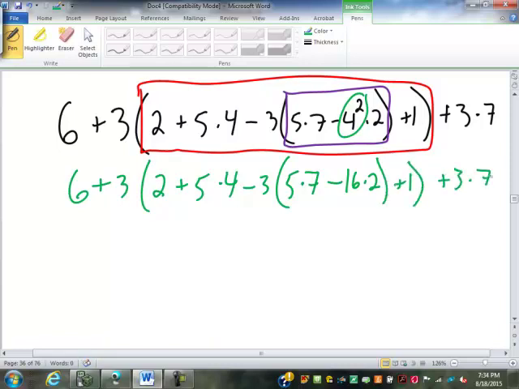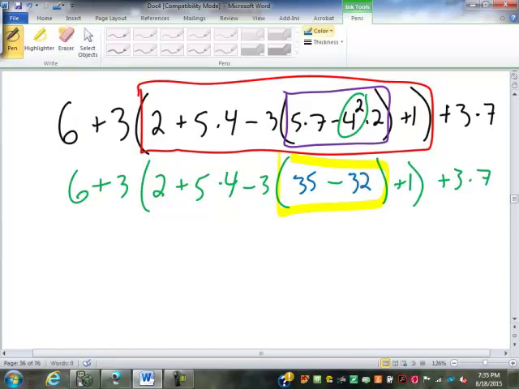I'm just rewriting it so now I can start erasing and replacing here. So now what's next? We're still working inside. Okay, yes, we have to do the multiplication now. So we have to do 5 times 7, which is 35, good. And then 16 times 2 is 32.